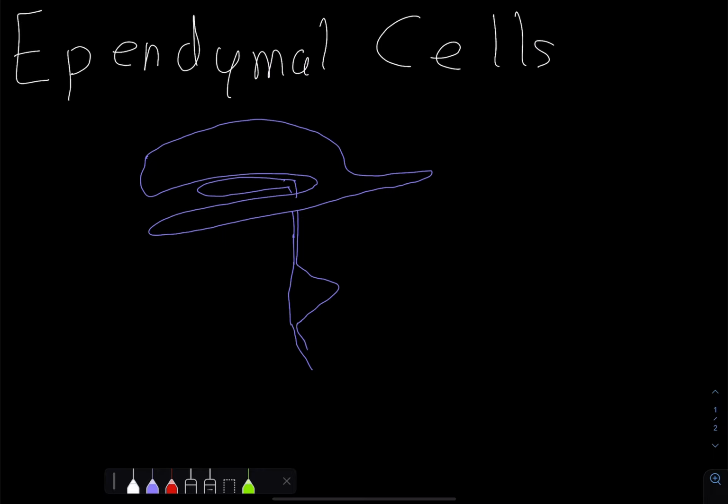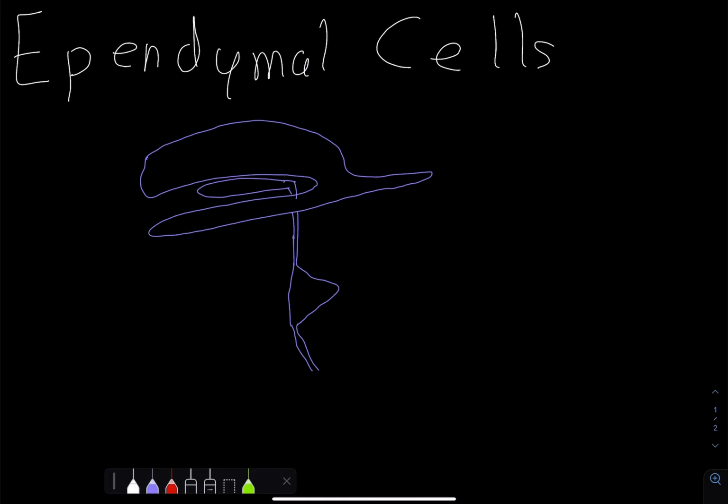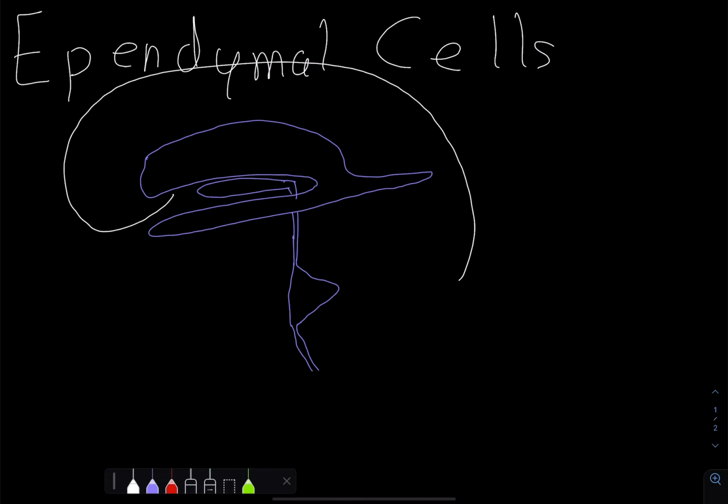That's basically the fluid gets produced in the ventricles here, and if you were to draw the brain out, I can't draw all the gyri and all the details, but the brain is kind of over here, and then it hits around right here. You can kind of tell where that is, and then here we have the spinal cord in the medulla.